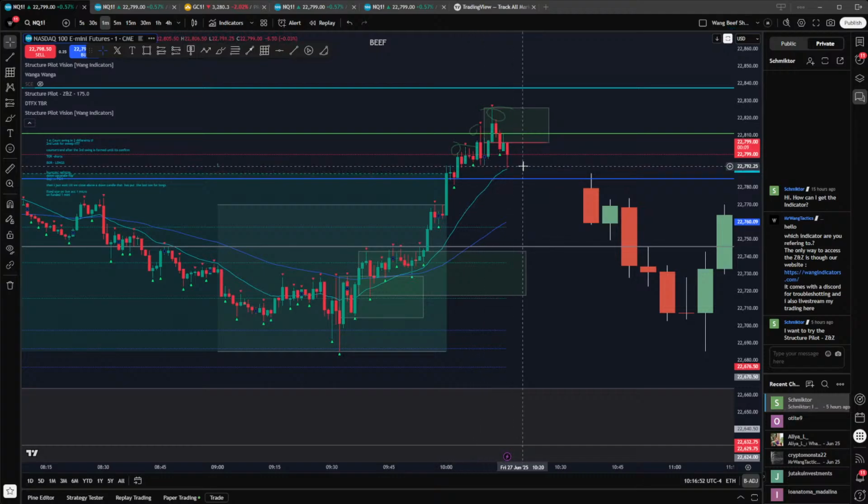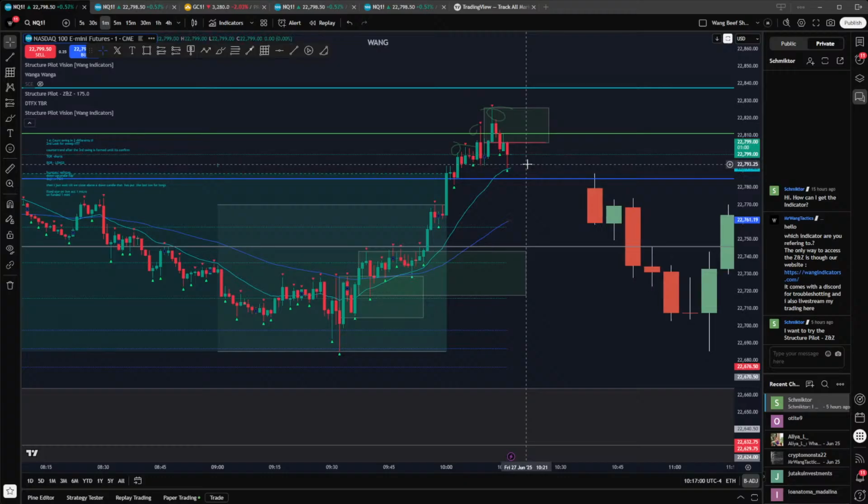Let's see if price can keep giving close below. Because the break we experienced with the close below this up candle is a lower time frame break, not a break of the actual time frame that we're trading in.